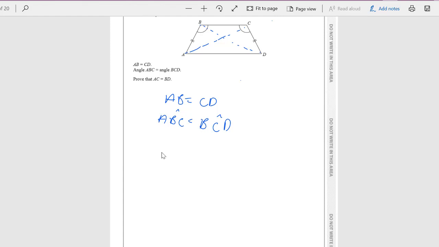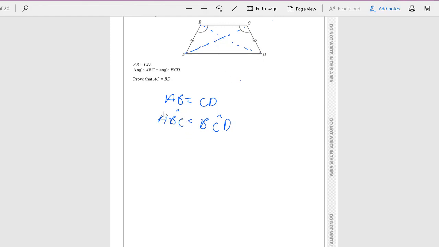So BC is common to both triangle ABC and BCD. Okay, so what I mean by that is BC, right, is common to both ABC and BCD.